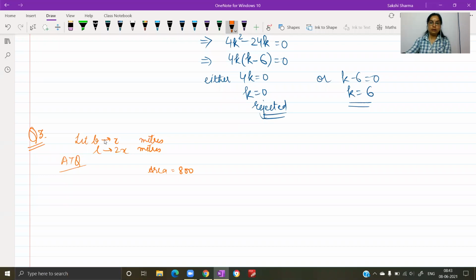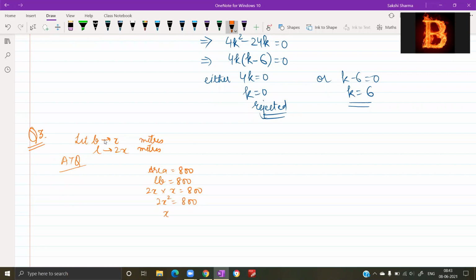The area is 800. That means the product of the length and the breadth is 800. So 2x into x is equal to 800. So 2x square is equal to 800. x square is 400. From here you can find out the values.